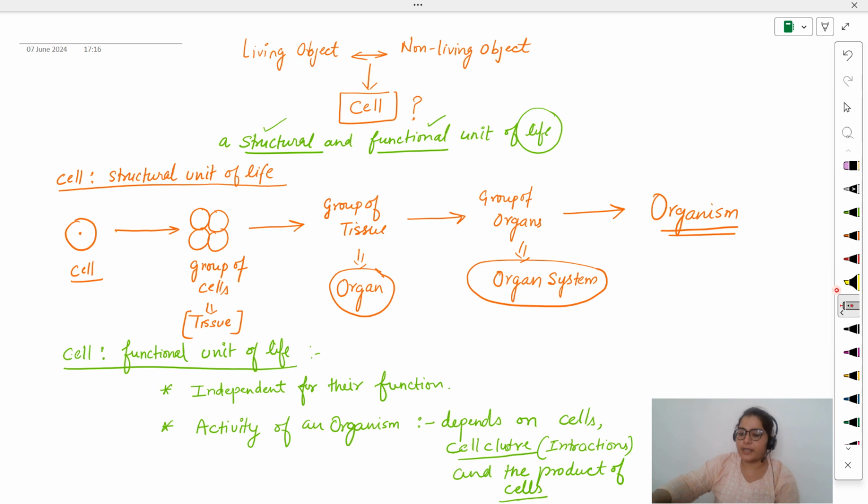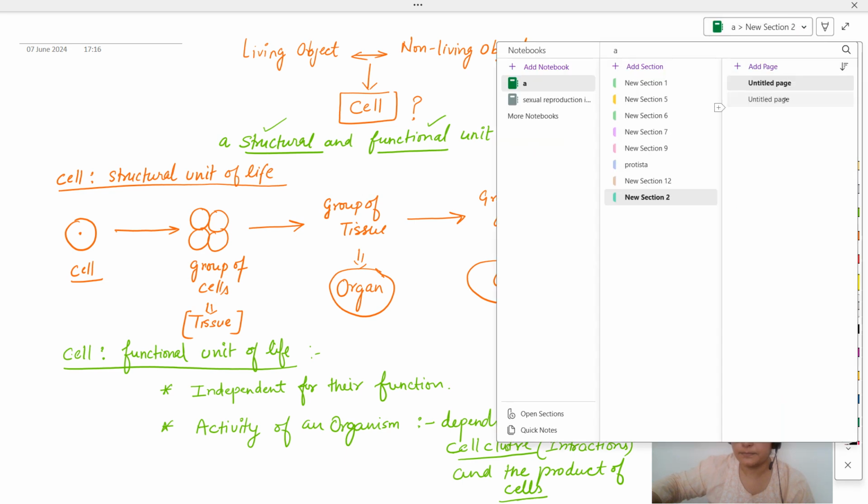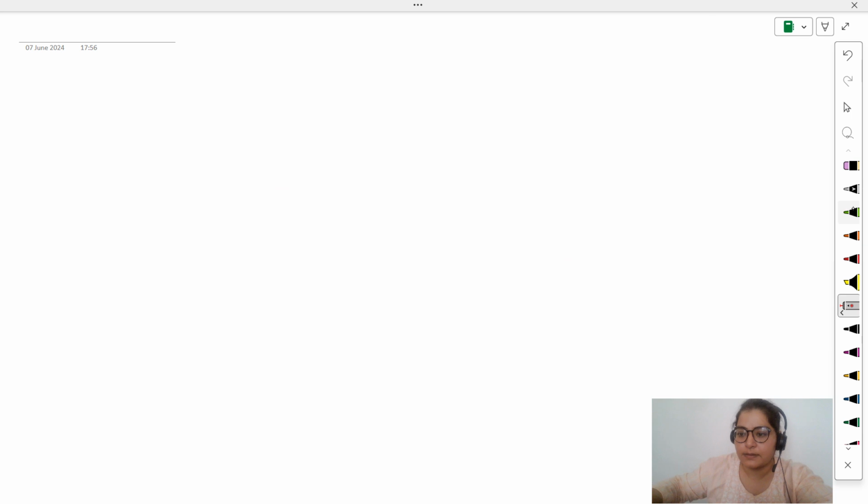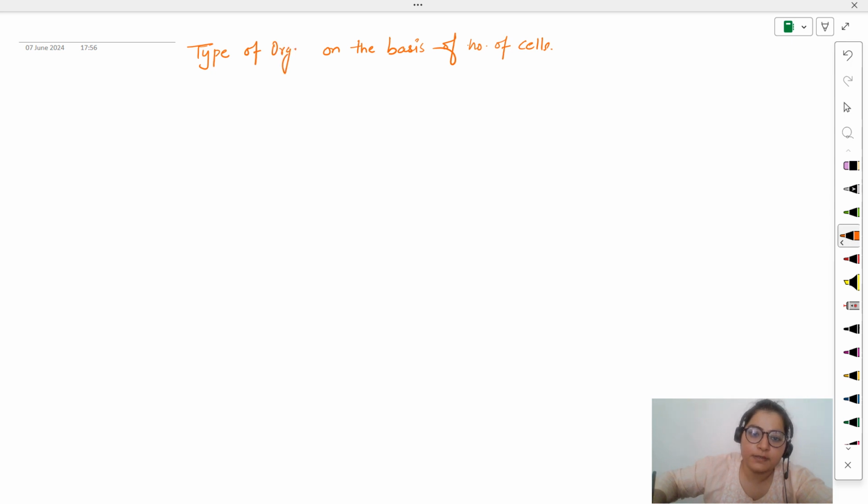So let me move to the next part, that is types of organisms on the basis of number of cells.